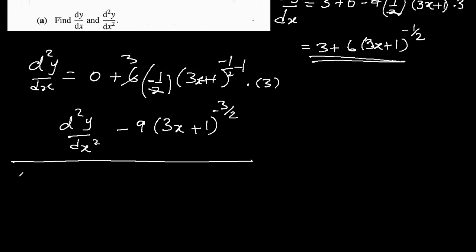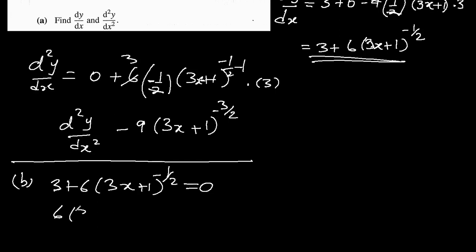So let's do B part here. 3 plus 6 times 3x plus 1 to the power minus half equal to 0. So we can keep this 6 here. 3x plus 1 to the power minus half equal to negative 3. This 3 goes to the right side, becomes negative.